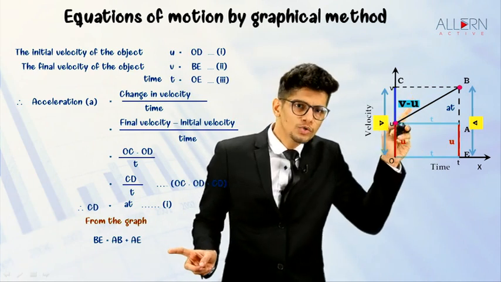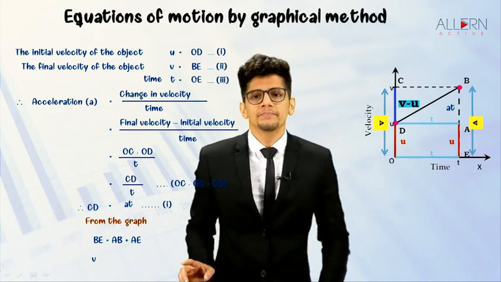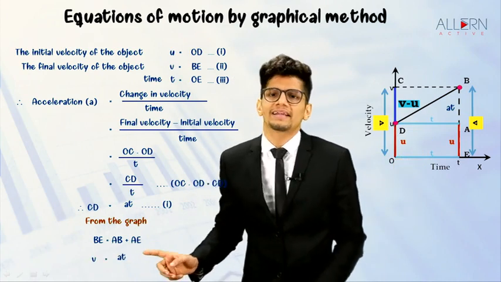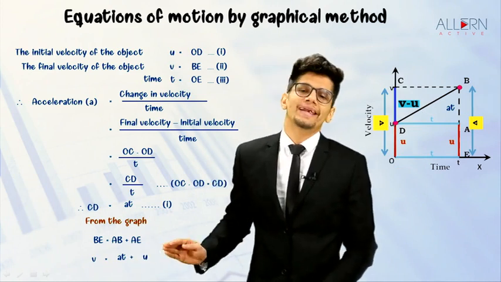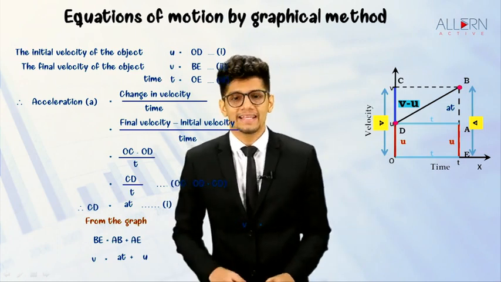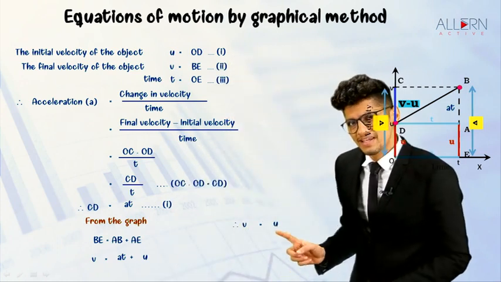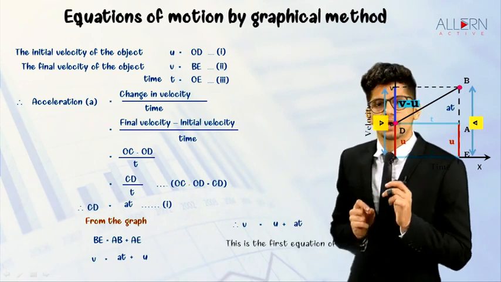But what is the value of AB? It is at. And the value of AE is nothing but u, right? That means we'll substitute the values and write it as v is equal to at plus u. Now we know that v will be equal to u plus at, and this is nothing but the first equation of motion.